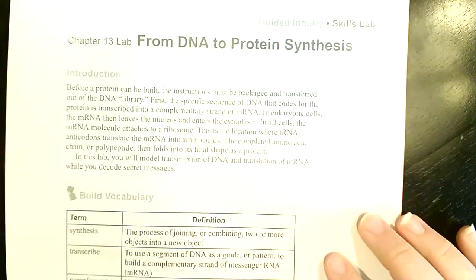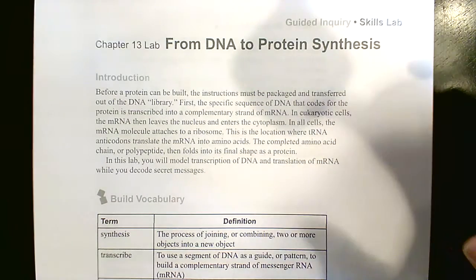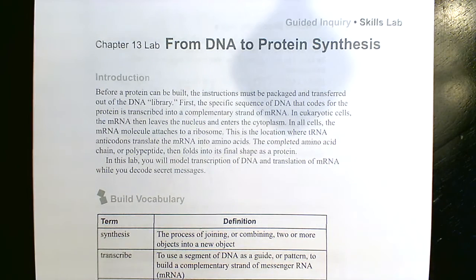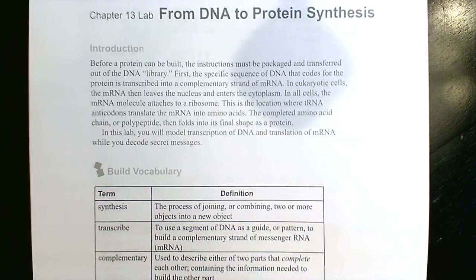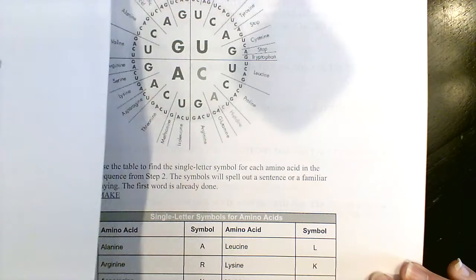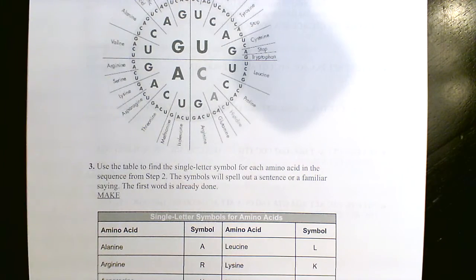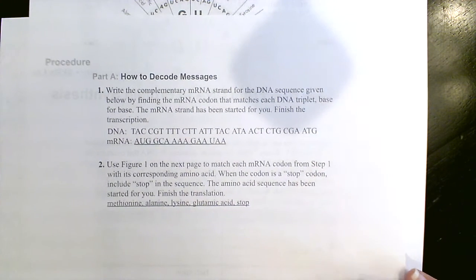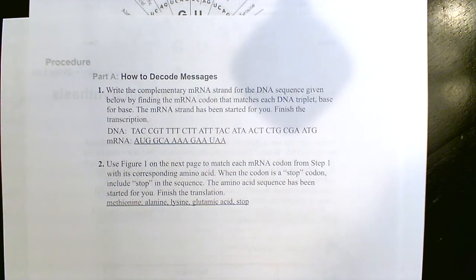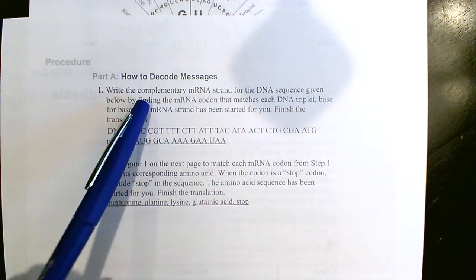I'm going to look a little bit at your assignment here. This is on Google Classroom. I would really, really strongly encourage you to read this through, but I'm going to try not to make this video too long. So, how to decode messages.